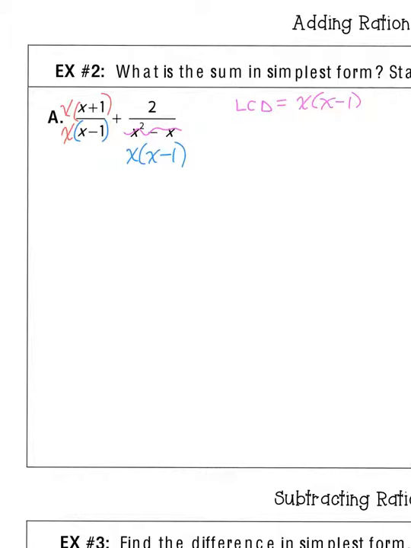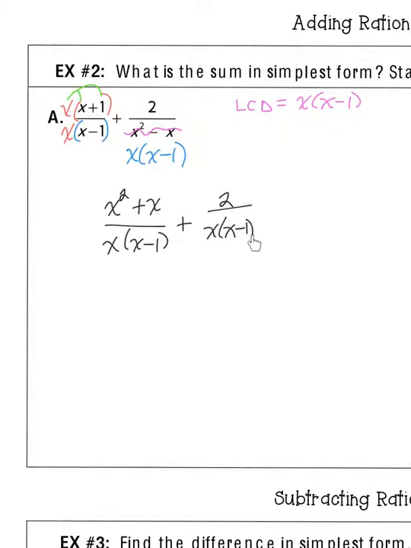So I'm going to go ahead and distribute this x into the parentheses. So I get x times x is x squared. X times 1 is x, and then I am over x times x minus 1 plus, then I'm not changing the second fraction.